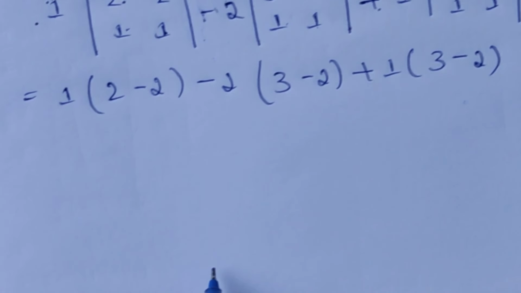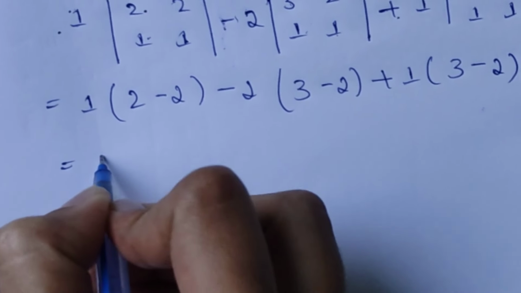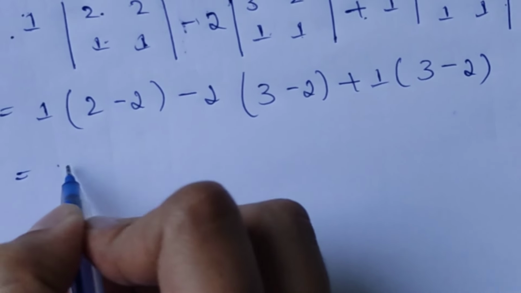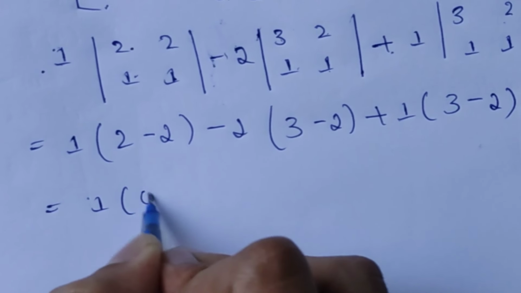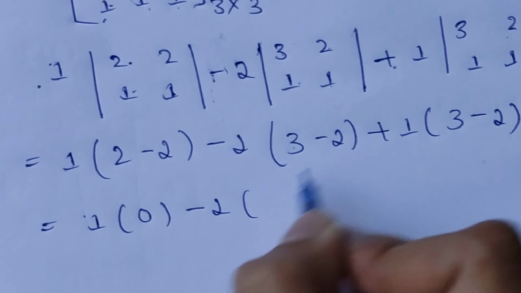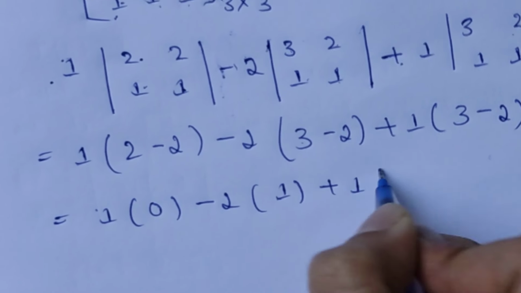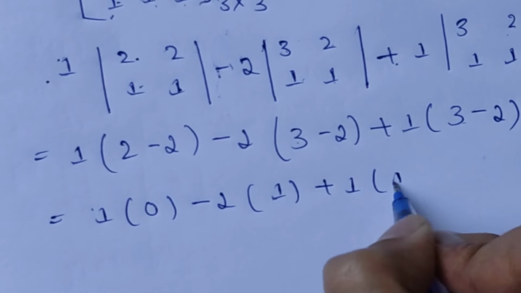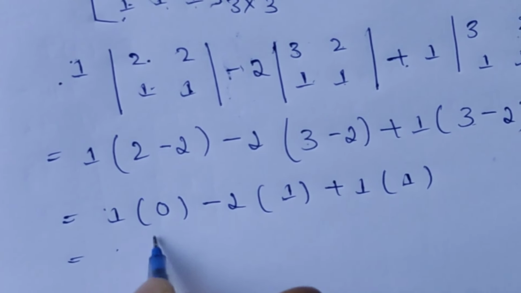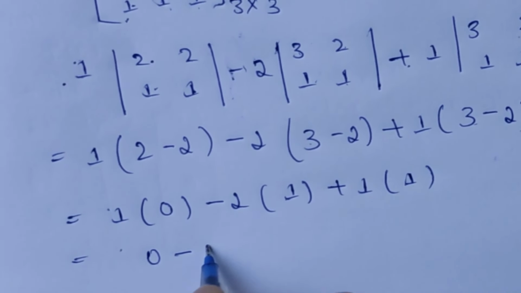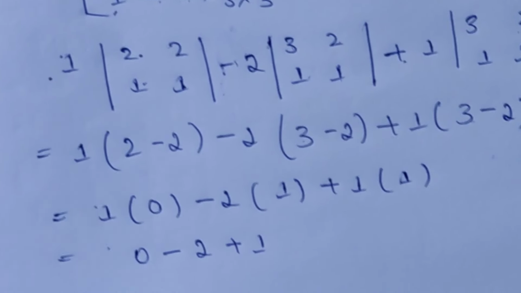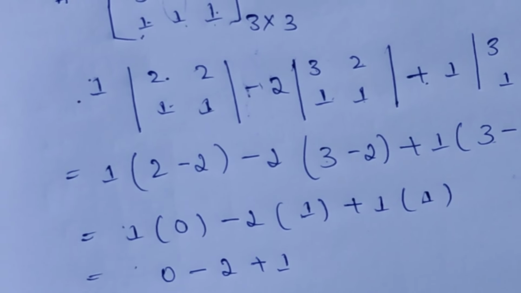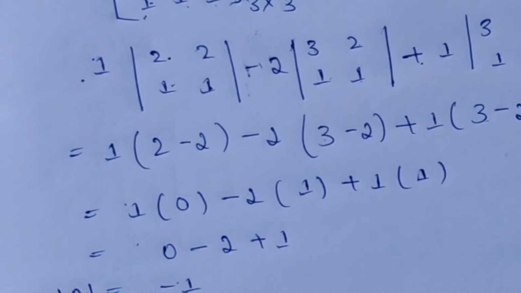Okay, and next, 2 minus 2 is 0, minus 2, 3 minus 2 is 1, plus 1, 3 minus 2 is again 1, 1 zeros are 0, minus 2 plus 1. The answer is minus 1 is the determinant of this matrix.